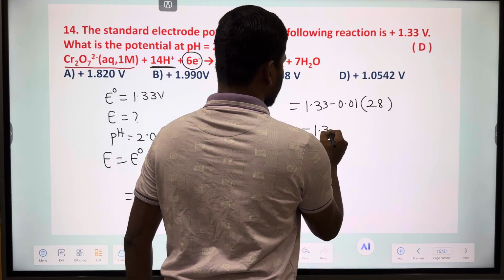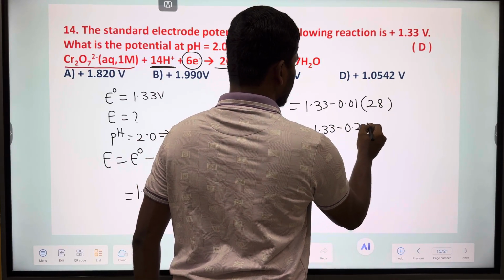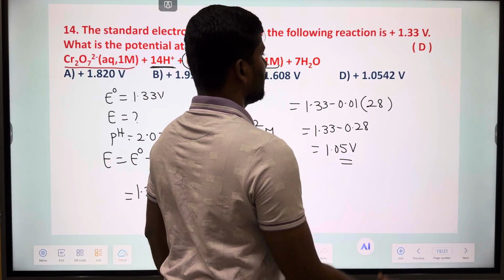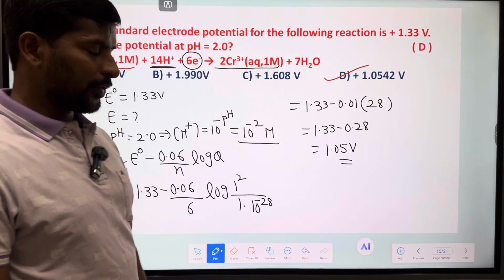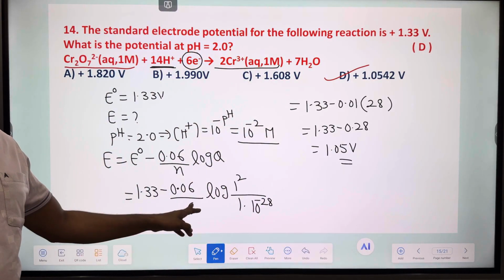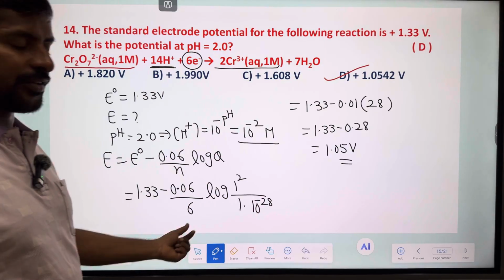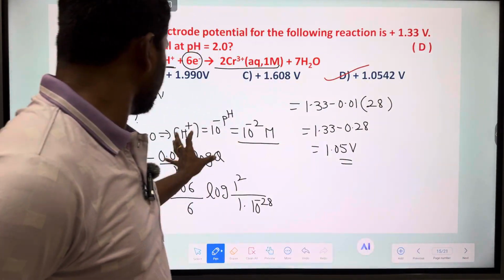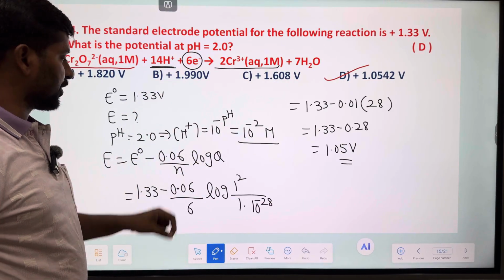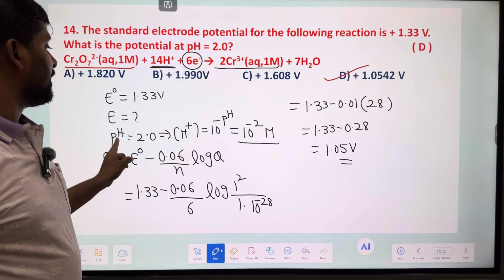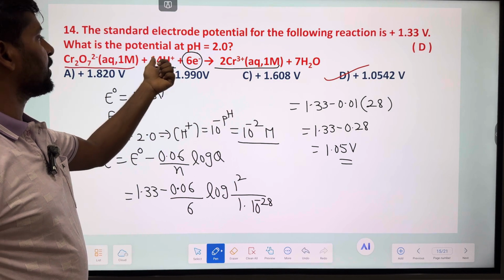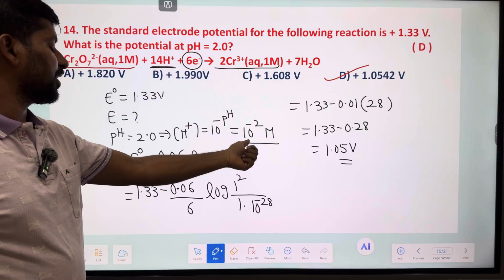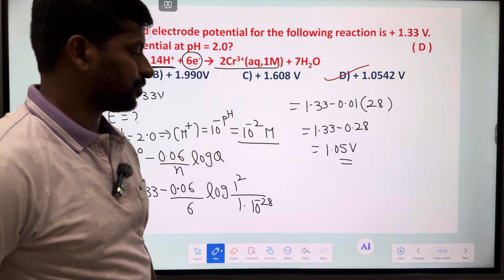So 1.33 minus 0.28, that means we get nearly 1.05 volts. 1.05 volts, option D. Instead of taking 0.059, we are taking 0.06, a slightly rough calculation, and a simple substitution in the Nernst equation. Instead of giving the H plus ion concentration, the pH is given, and from the pH we can get the H plus ion concentration like this.